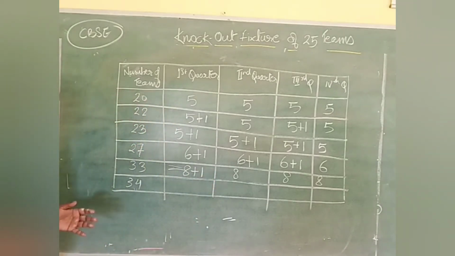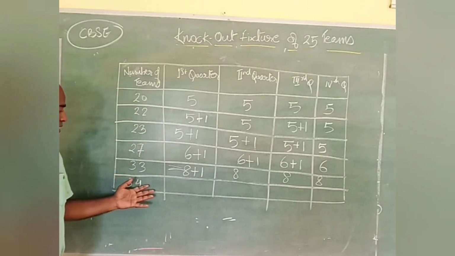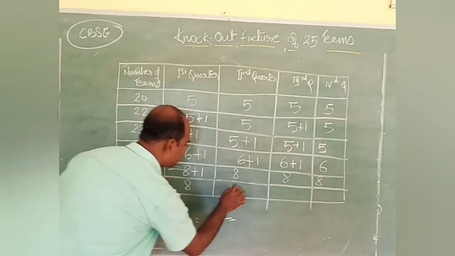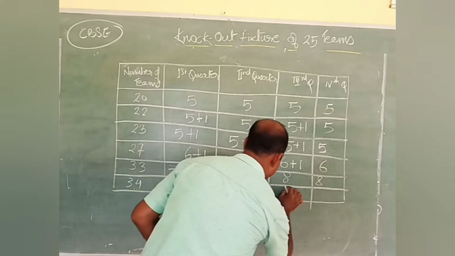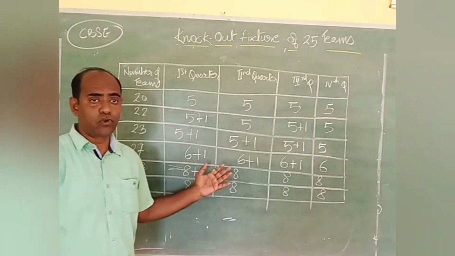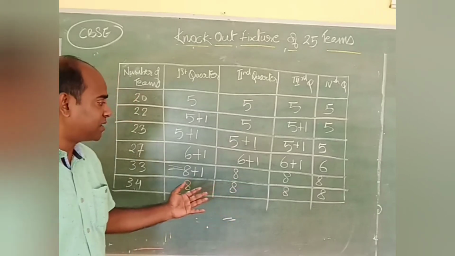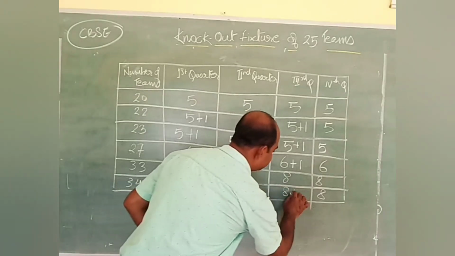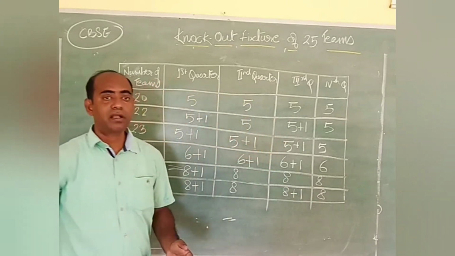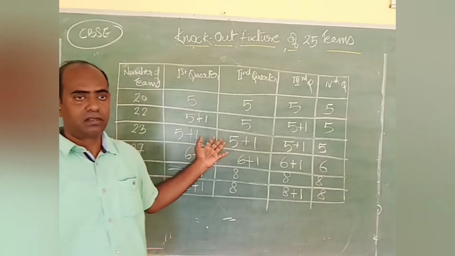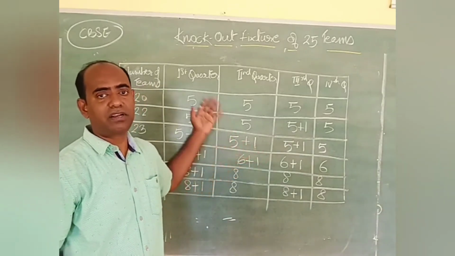In case there are 34 teams, it is the same: 32 teams plus 2 extra teams, the remainder is 2. So the 2 remainder will be placed again in the first quarter plus 1 and in the third quarter plus 1. I hope you understood the concept of quarters. First half, second half was clear. Now it is the quarter system.